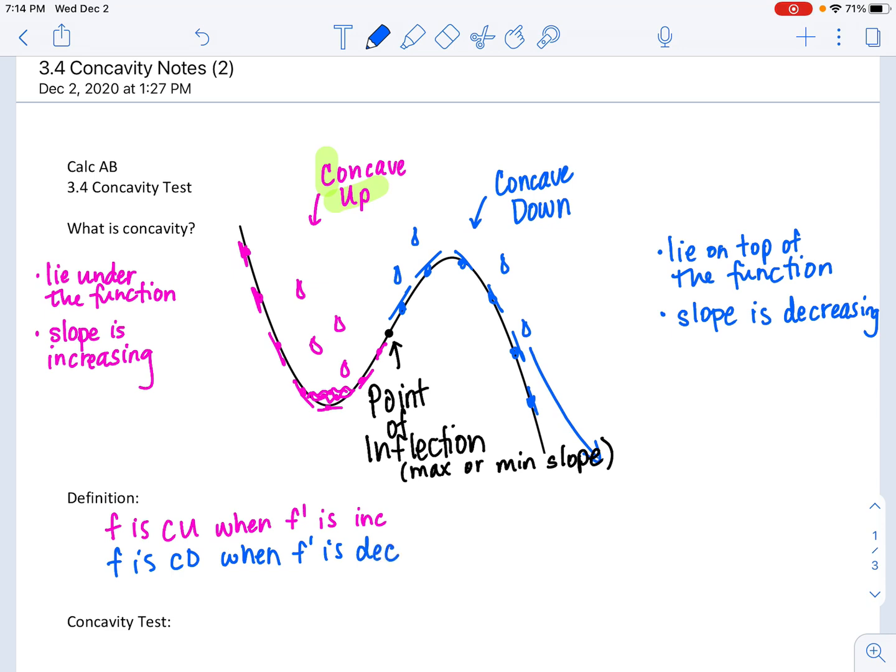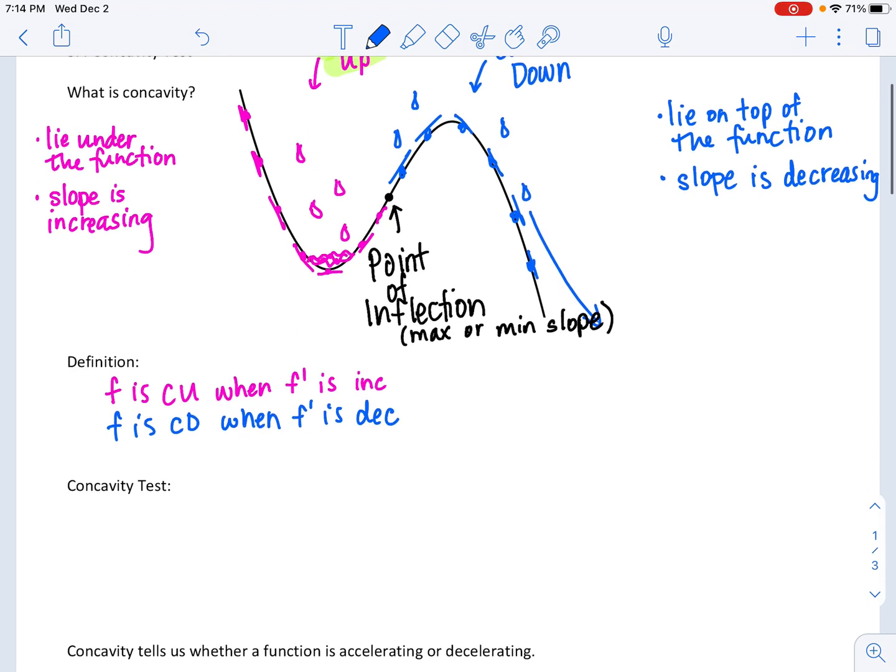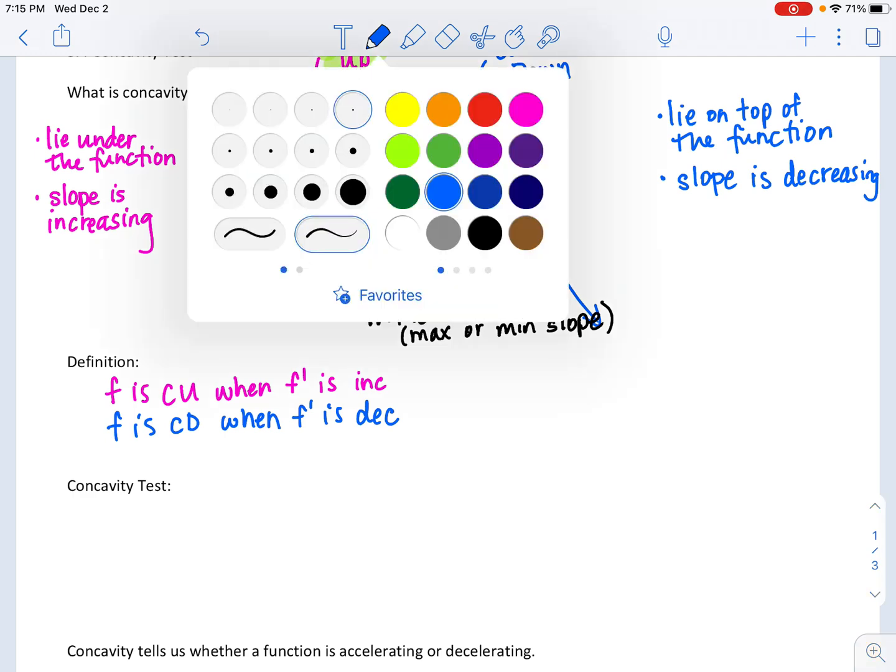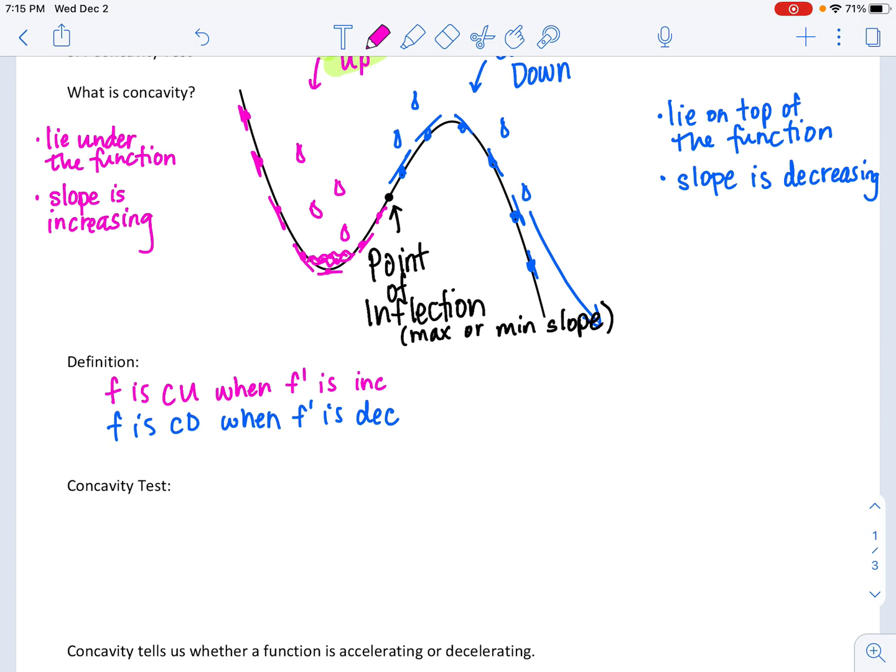And then we have what we call the concavity test. The concavity test is the algebraic way that we use derivatives to indicate when a function has these features. If you take what we're saying here, f is concave up when f prime is increasing, well, f prime is increasing when its derivative is positive.